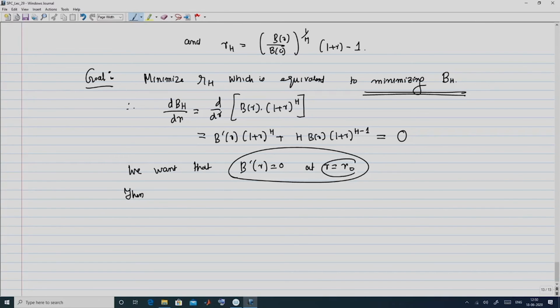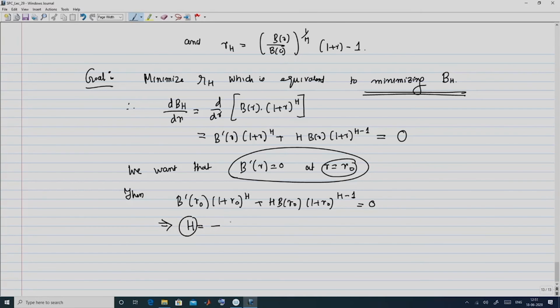if I substitute r equal to r naught, we get B prime of r naught into (1 plus r naught) raised to h plus h into B of r naught into (1 plus r naught) raised to h minus 1. This is going to be equal to 0, and upon solving we get h.